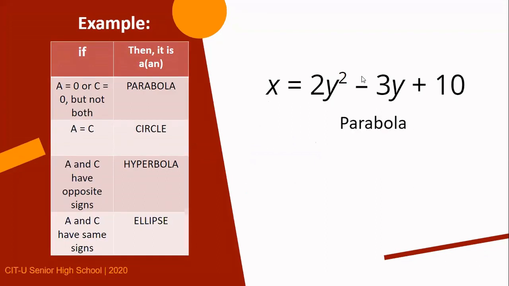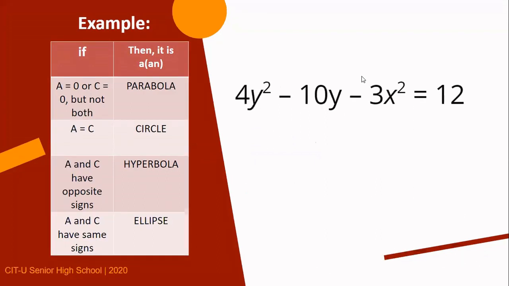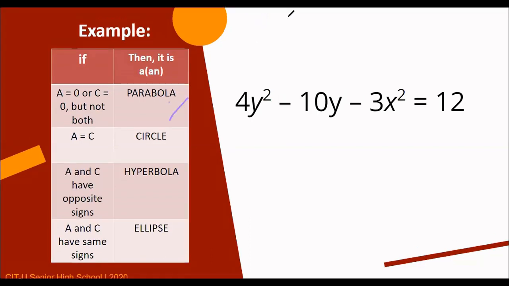Another example is 4y squared minus 10y minus 3x squared is equal to 12. Now, this isn't a parabola because A and C are not equal to 0. Your A is equal to negative 3 and your C is equal to 4.